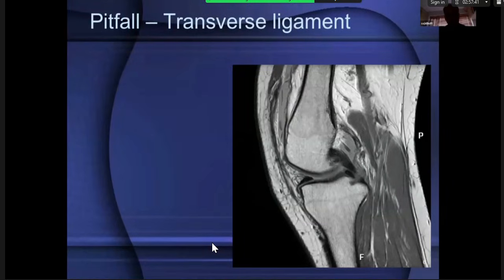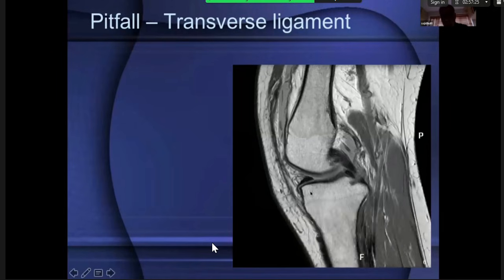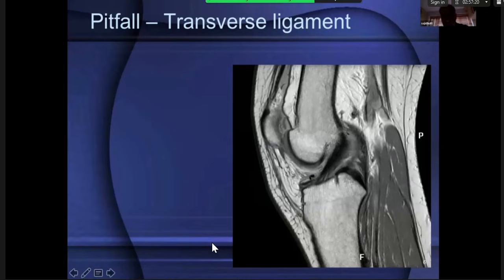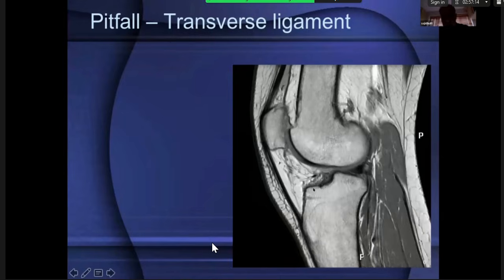Another important pitfall is the anterior transverse intermeniscal ligament. Here we are starting off from the medial meniscus, and I'm going to scroll through as if going from medial to lateral. Have a look at the anterior horn of the medial meniscus. As we go further towards the midline, we can see a little structure going across.